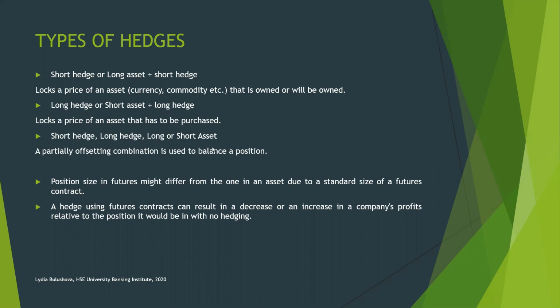So you are not allowed to purchase like 1.6 futures contracts. You can purchase one futures contract or two contracts. And we will talk about futures contract mechanics and various types of futures that are available on global exchanges.